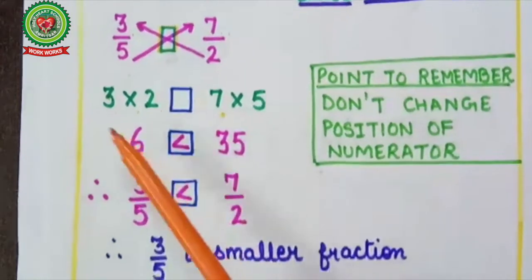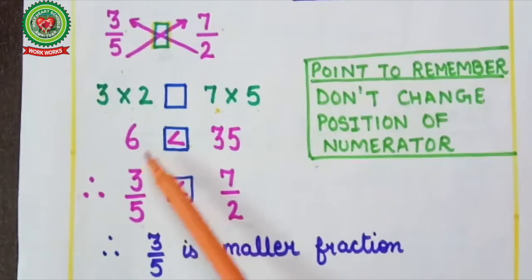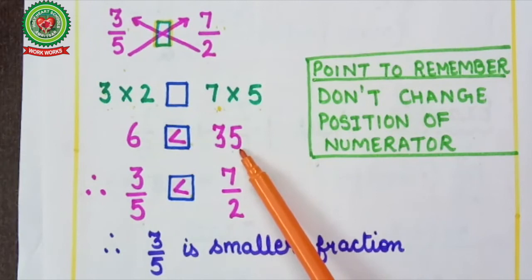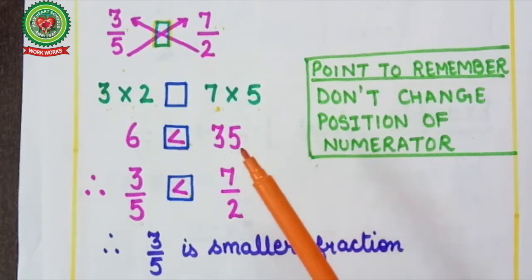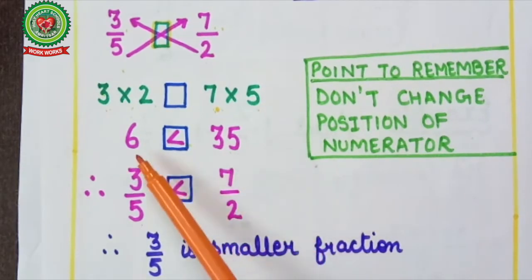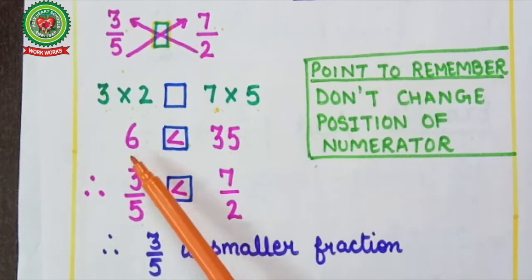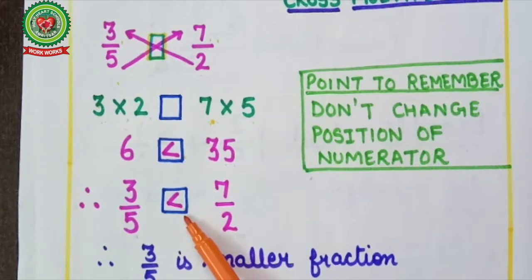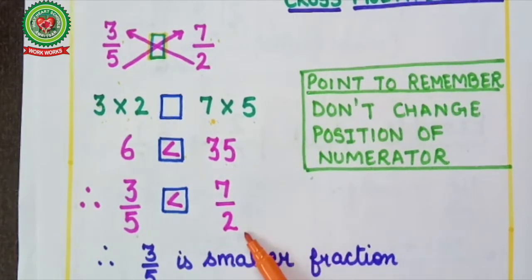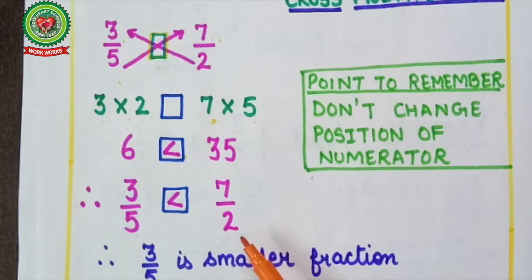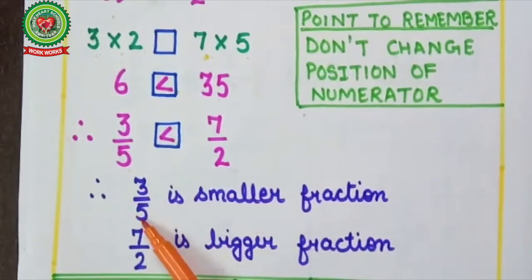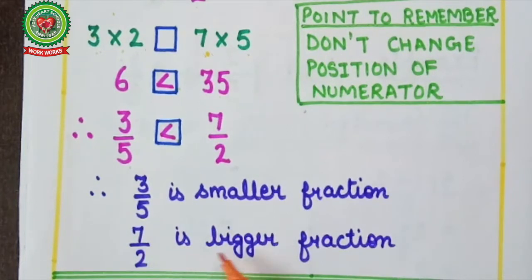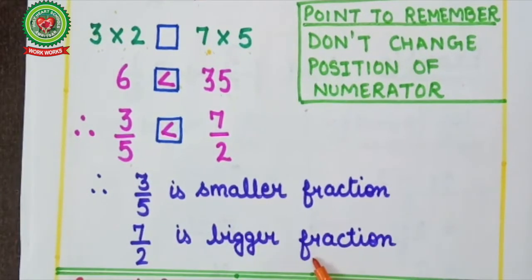Multiply. 3 2s are 6 box 7 5s are 35. Now here we know that 35 is bigger than 6. Therefore 3 upon 5 is lesser than 7 upon 2. So 3 upon 5 is the smaller fraction. 7 upon 2 is the bigger fraction.